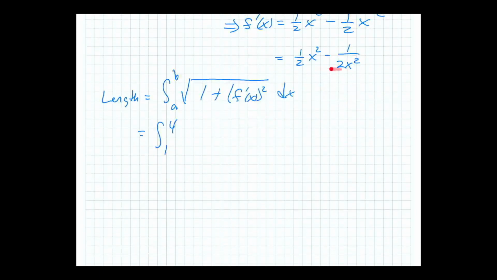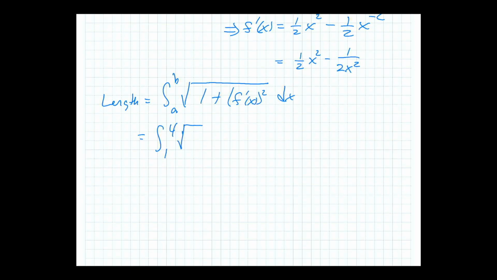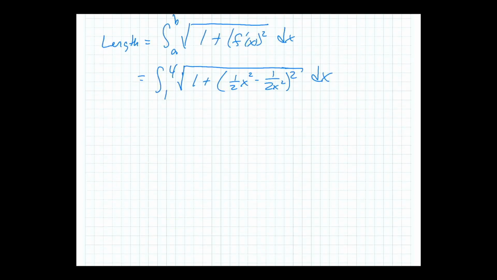We have our derivative here to plug in for the f prime. 1 plus parentheses 1/2 x squared minus 1 over 2x squared dx. Okay, now they expect us to solve this. So we actually have to simplify and integrate this. And I did this in the lecture, so I'm going to do it in less detail here, but we're going to do it.